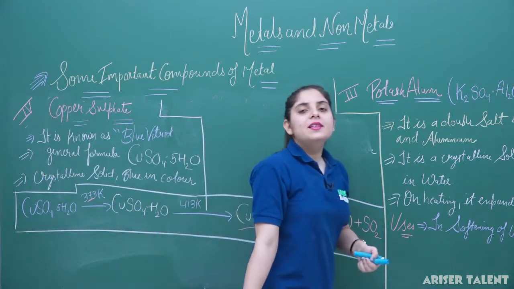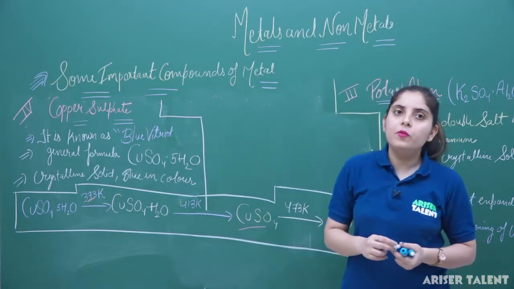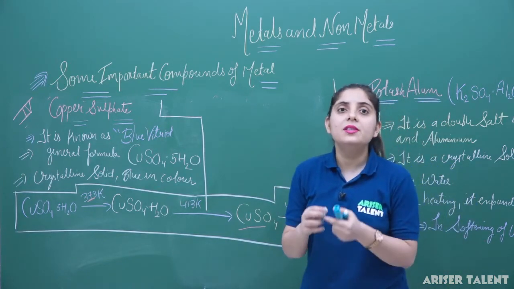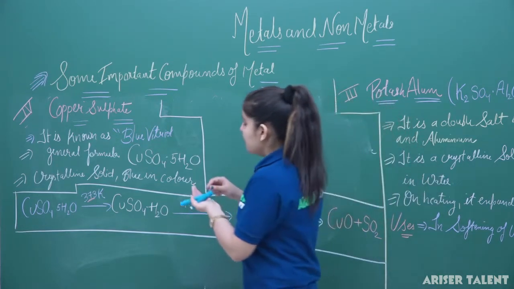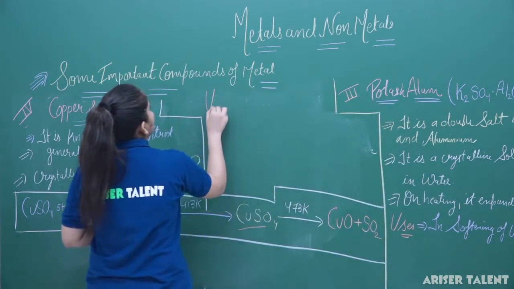Now, after discussing the properties of blue vitriol, we are going to discuss some of its important uses in our day-to-day life. Now, the next topic is uses of blue vitriol.